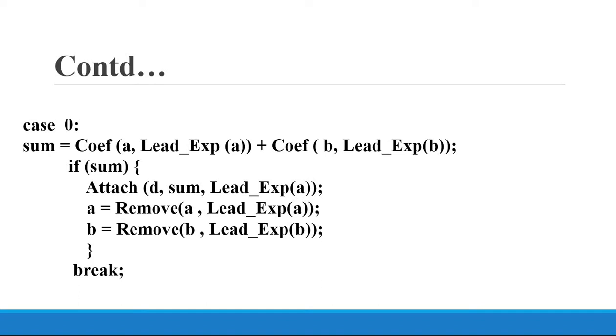If the sum is not equal to 0, then we have to attach the sum as the coefficient, and one of the exponents, whether exponent of polynomial a or b, whichever term we are presently handling. Then after adding that, we will remove the handled term from polynomial a and polynomial b.